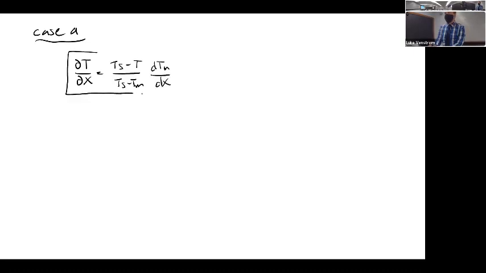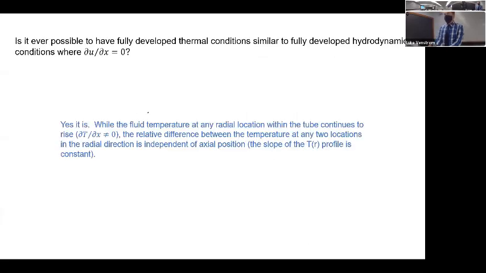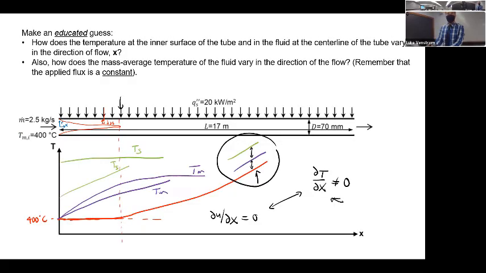So this is in your textbook, it's equation 8.33. And this is true when the surface temperature is equal to a constant. Case B is a little bit more complicated, but we'll get there, and we'll get a really nice result that'll hopefully convince you that what I've drawn here has got to be the case. Basically, we're going to check our guesses here.